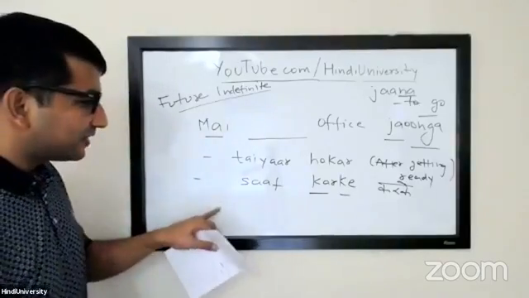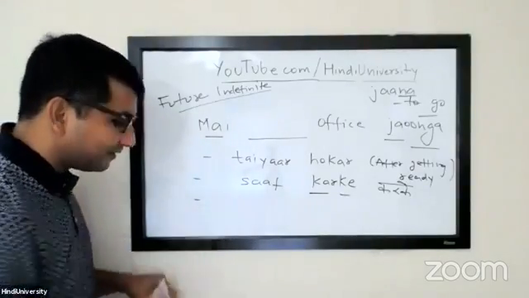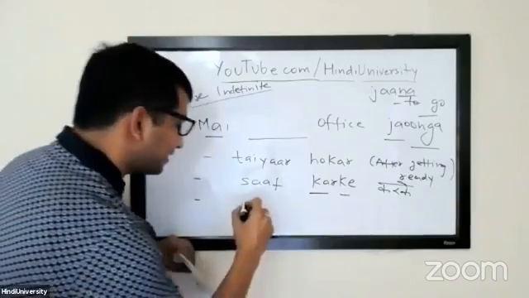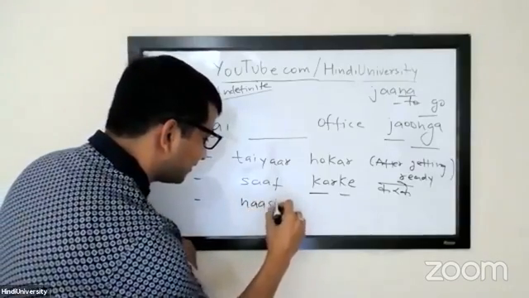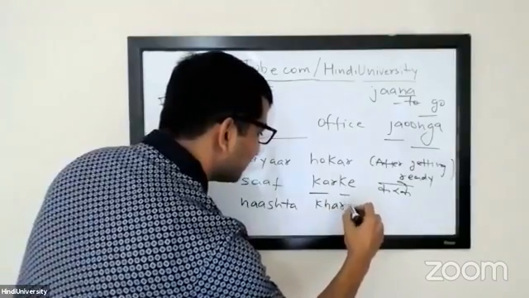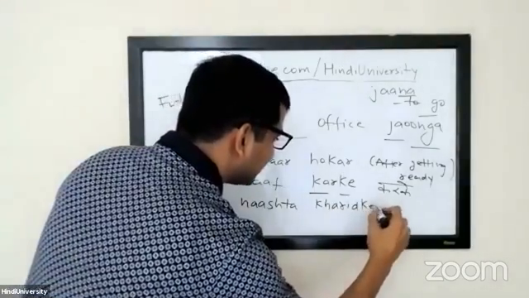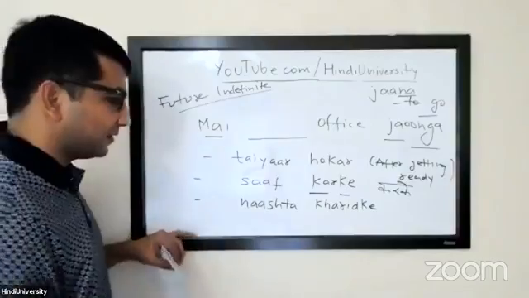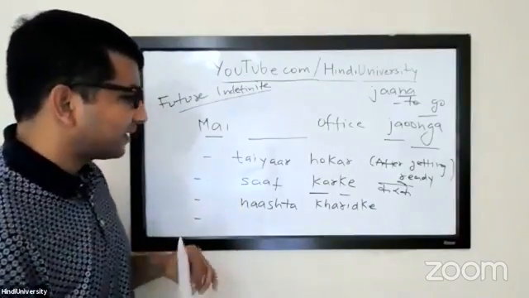I've got another example. Nashta kharid kar. मैं नाश्ता खरीद कर. And what does it mean? I mean, after buying breakfast, I go to the office. Okay, awesome. Anything else?